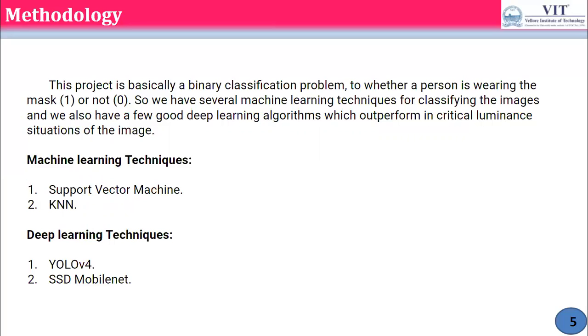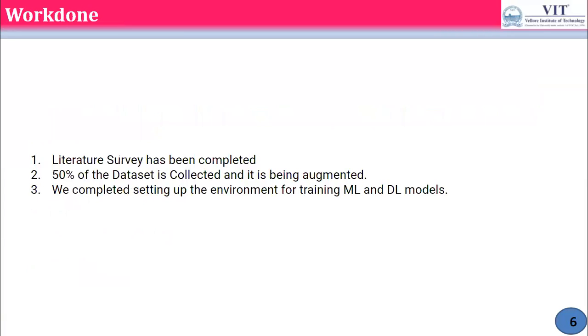They can also detect where the bounding box of that particular mask is. The work done till now is we have completed the literature survey of the papers that we have shown, and 50% of the dataset has already been collected, and we'll be augmenting it to make it double the size, or 100% of the dataset.